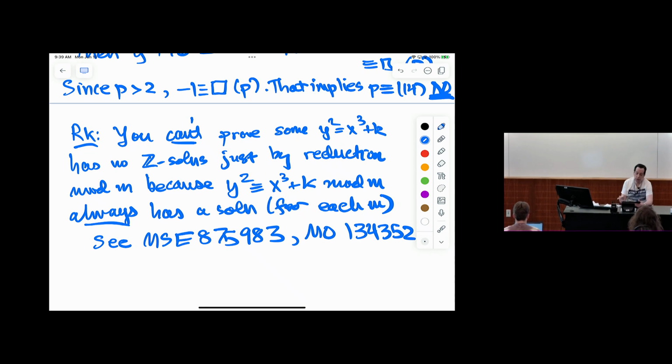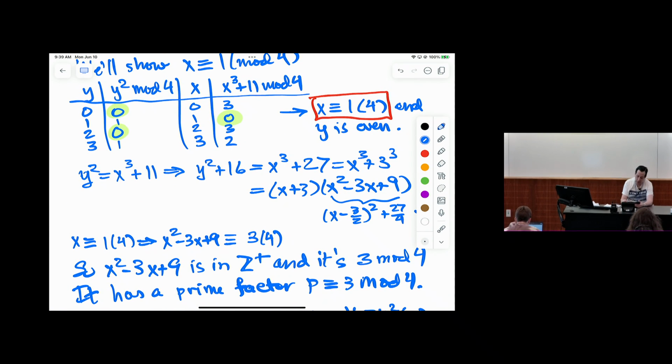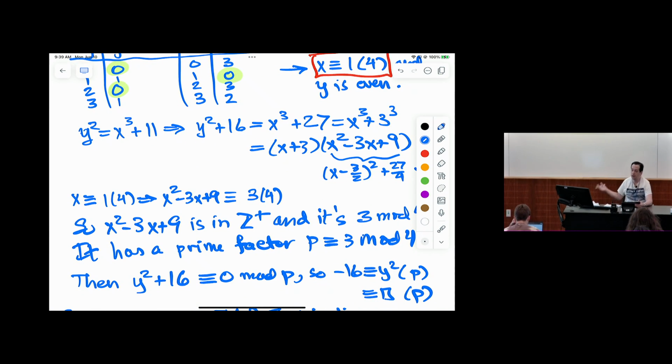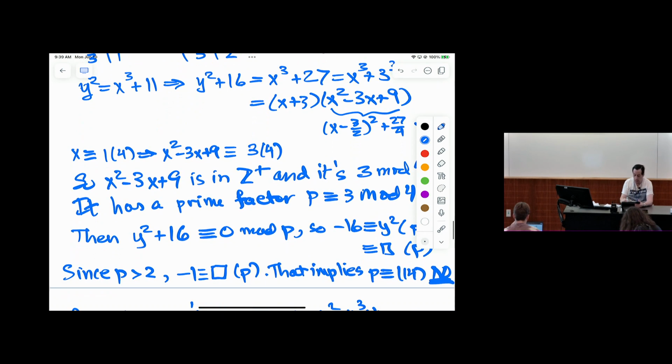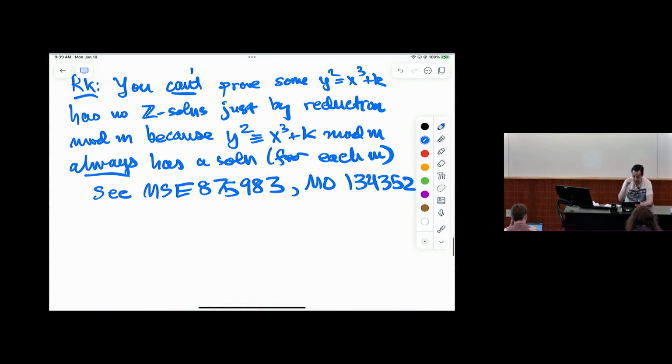So you can use modular arithmetic like we just did, but you have to use other things. Like once we did something mod 4, we then went back up into the integers, used prime factorization and other stuff, and used the rule for when -1 is a square mod p for the p that came up. In any case, it's not purely an argument mod m for one m. It's not the idea of just showing no solutions mod m for some m.